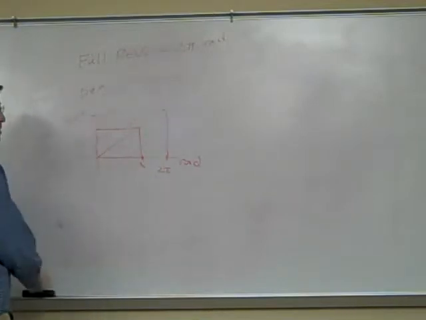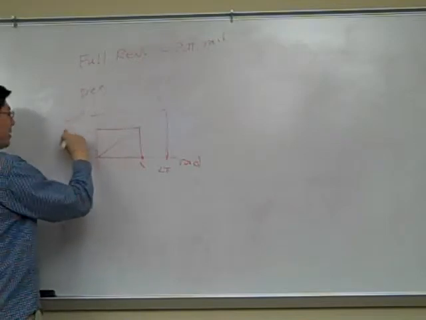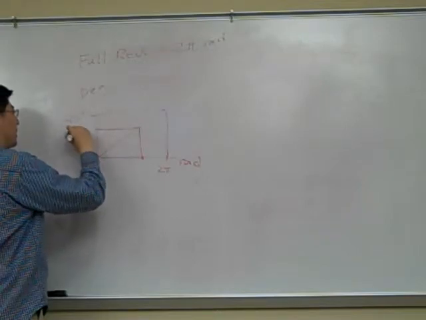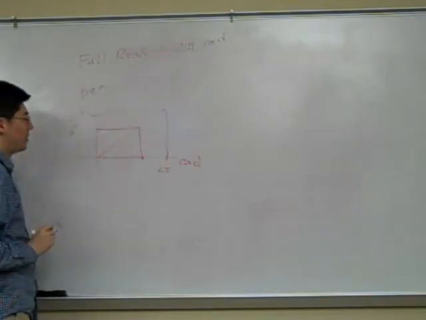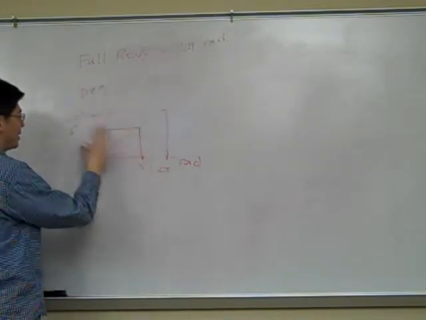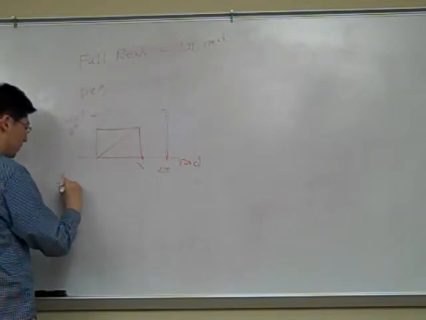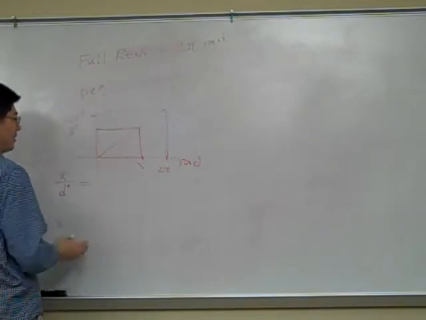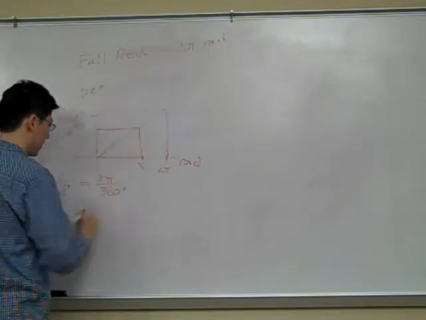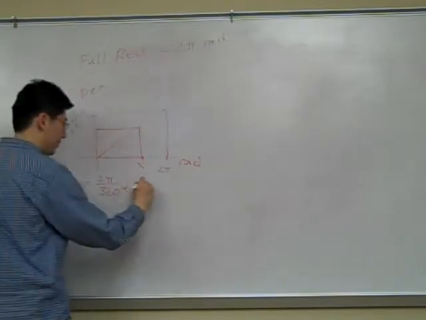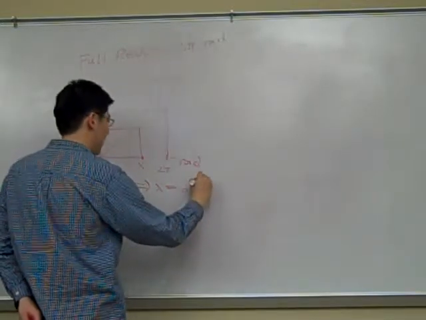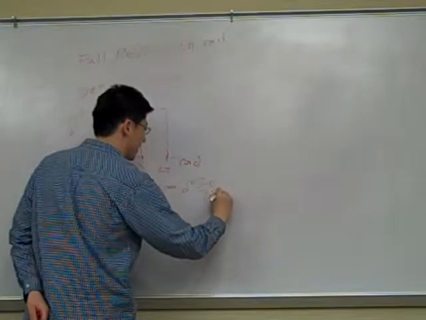Now, what about an arbitrary degree? Let's say we had d degrees, and I wanted to convert it to some x radians. It's the same thing: x is to d degrees as 2 pi is to 360 degrees. And this means that x is equal to d degrees times 2 pi over 360 degrees.